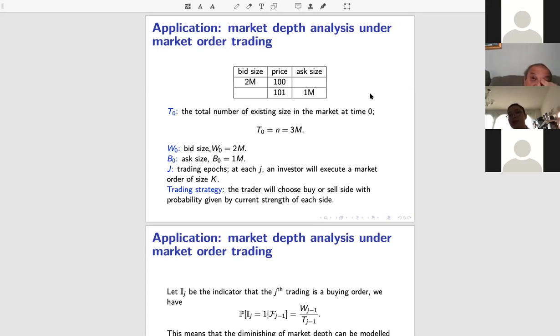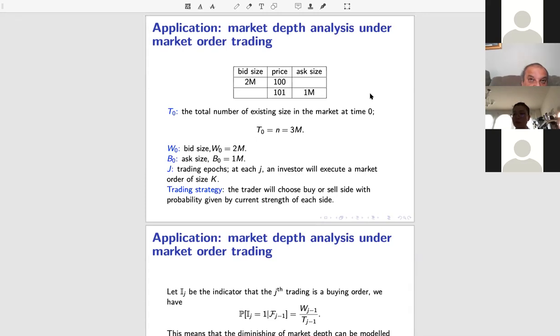If the investor is on the selling side, the investor will place a market order of size K, which we see as K balls into the urn, and this will be paired with K buying orders, so that it will reduce the number of buying orders by the amount K.